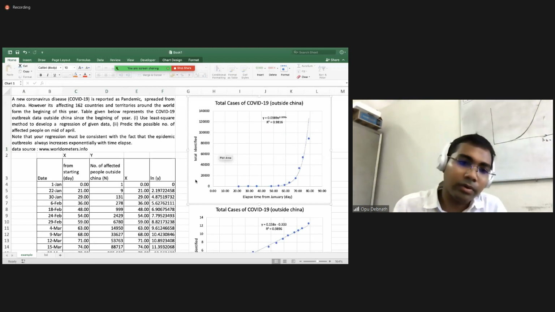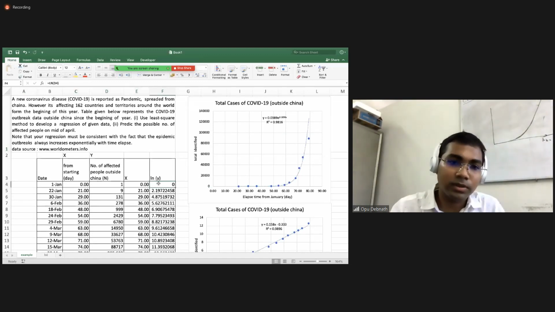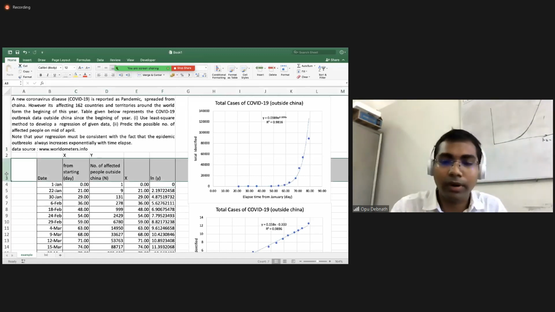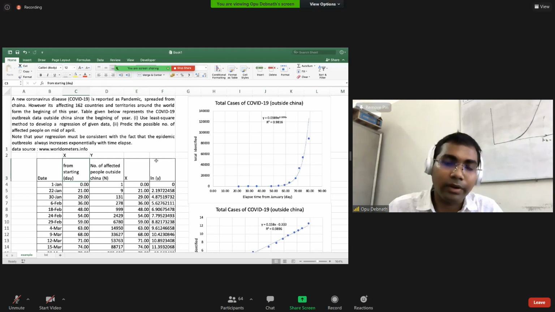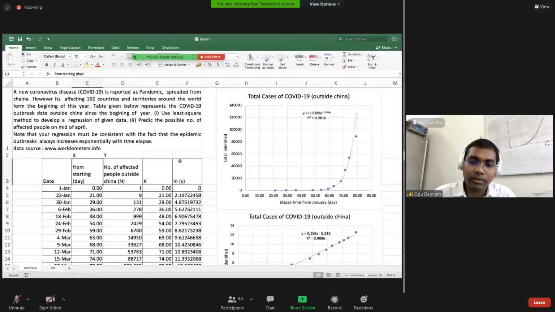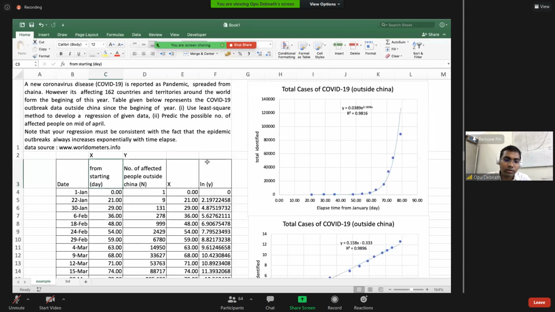So you need to know which types of problems are suitable for exponential regression and some are for linear regression. Basically, sometimes for machines or heat released by a body, these few things show linear regression.